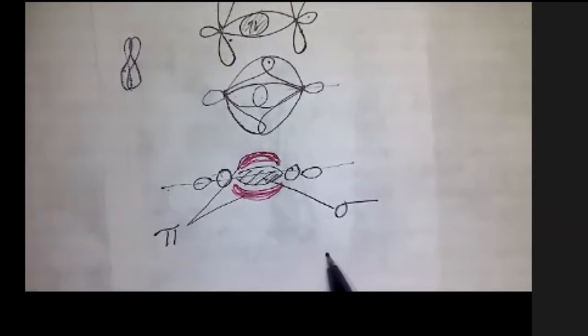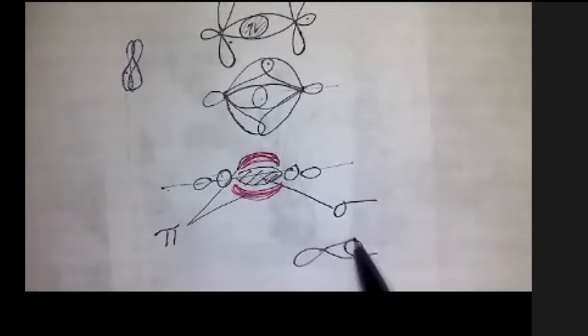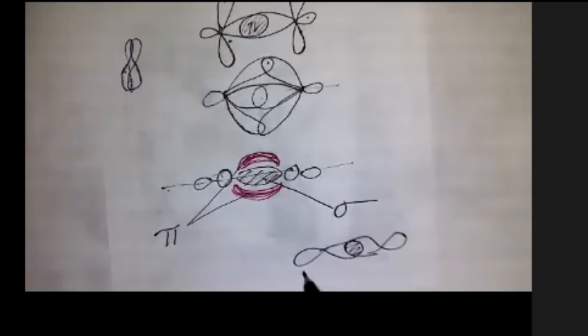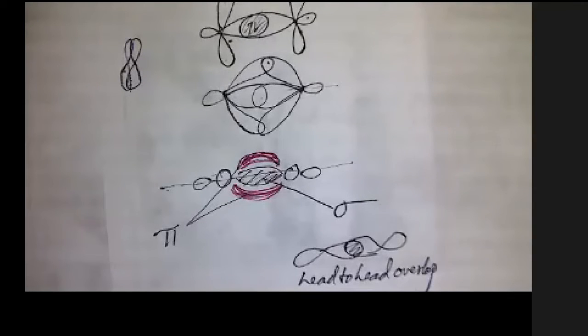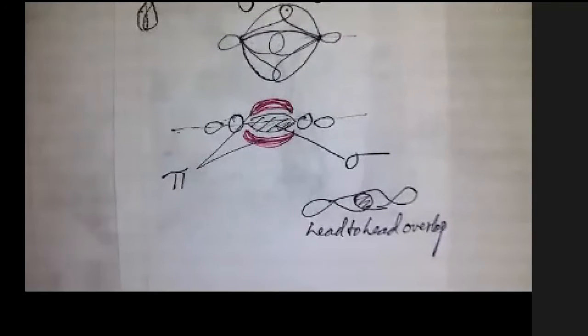Sigma bond, what was it? It was like this way. Look here. This overlapped with this, isn't it? So they are directly overlapping. This is called head to head overlap. They're directly overlapping. So that is called head to head overlap.